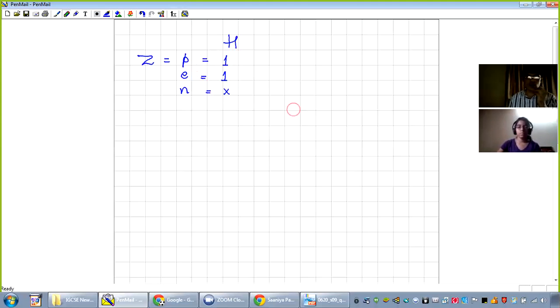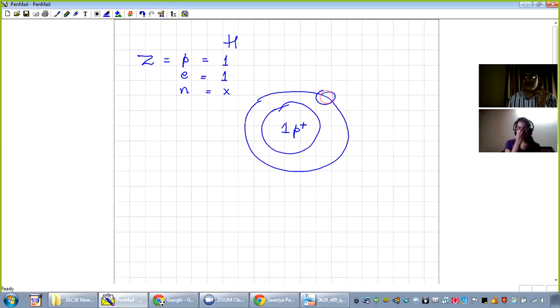If I'm supposed to draw the structure of hydrogen atom, this is the structure of hydrogen atom. This is the nucleus that I have drawn. Inside this nucleus, there is one proton. Because there is one proton, there will be one electron. As you can see here, there is only one orbit, and inside that there is only one electron.